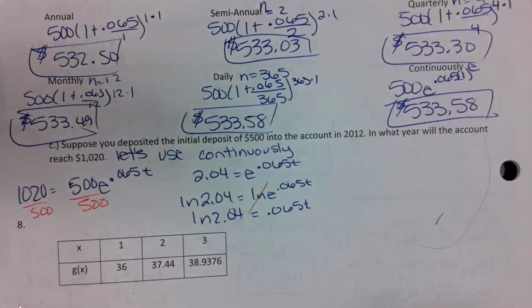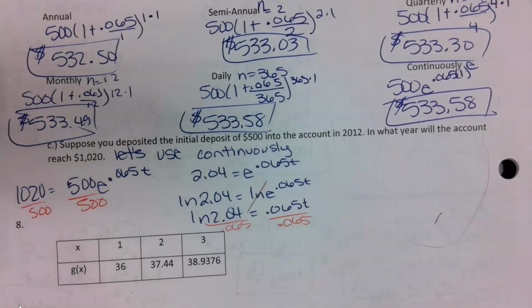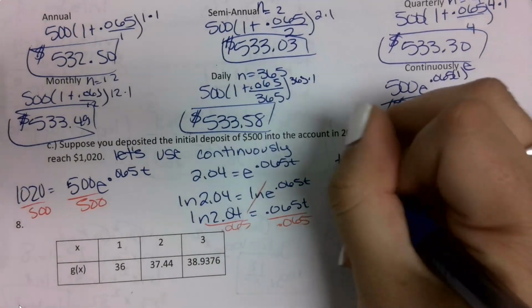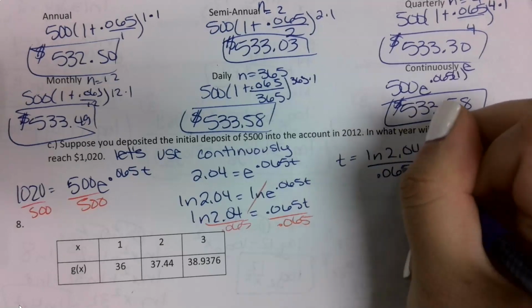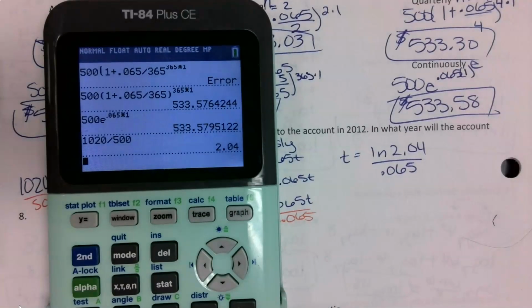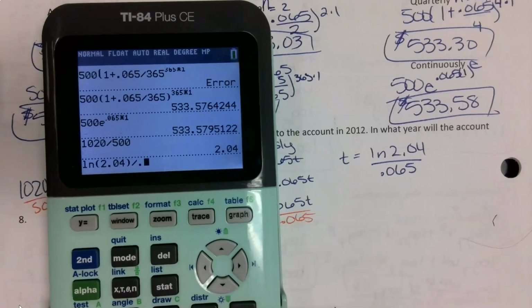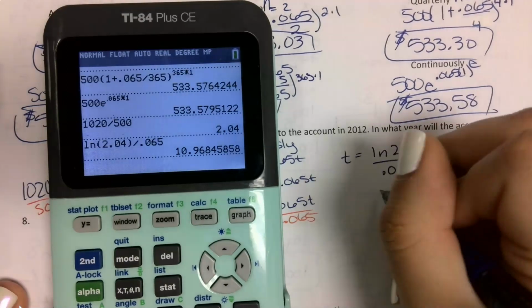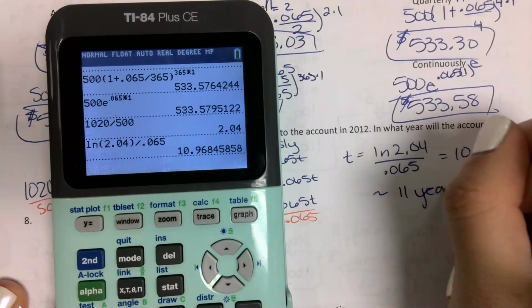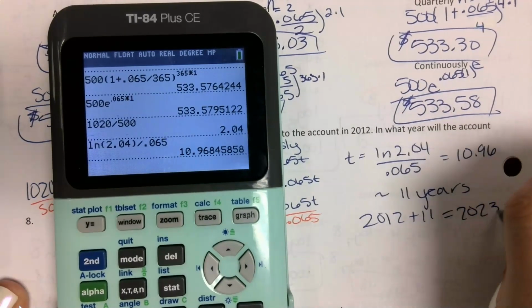I want to isolate my variable, so I'm going to divide both sides by 0.065. So I have t equals ln 2.04, and this whole logarithm is going to be divided by that. So I want to close it off when I type it in the calculator. This gets me 10.96, so about 11 years. So 2012 plus 11 is 2023, this year.